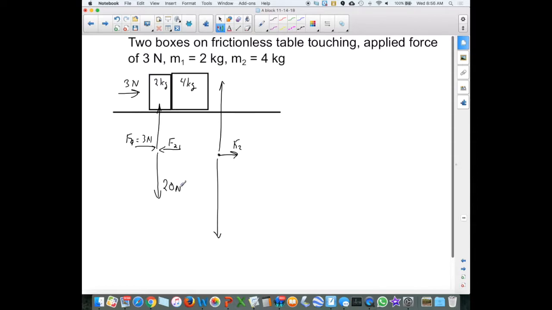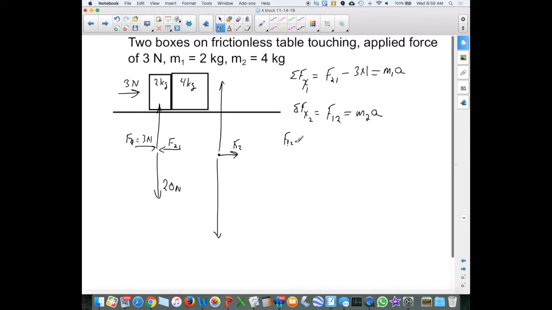So we will do the sum of the forces in the x direction on number 1: I have F21 minus 3 newtons, and that's going to equal mass of 1 times the acceleration of 1. And the sum of the forces in the x direction on the second one is strictly going to be force of 1 on 2, which is equal to m2a.